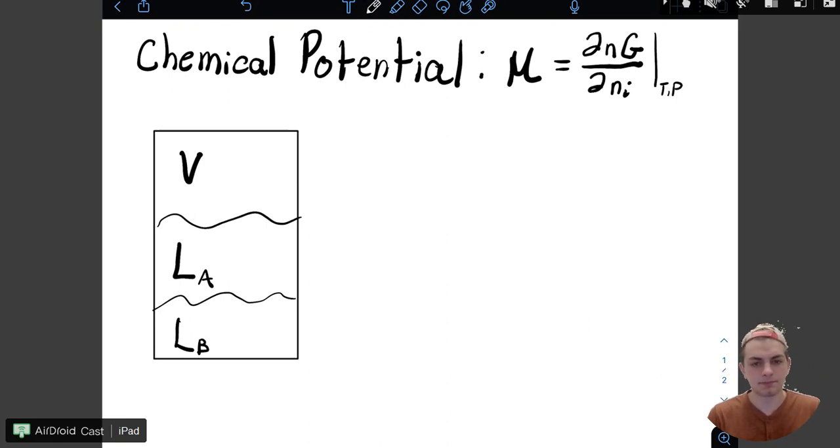Maybe we have multiple components in the system. Let's say that we have some amounts of water and some amounts of benzene within this system, right? So both of these components will exist within each one of these phases. Now from here, we can relate the chemical potentials of that system.